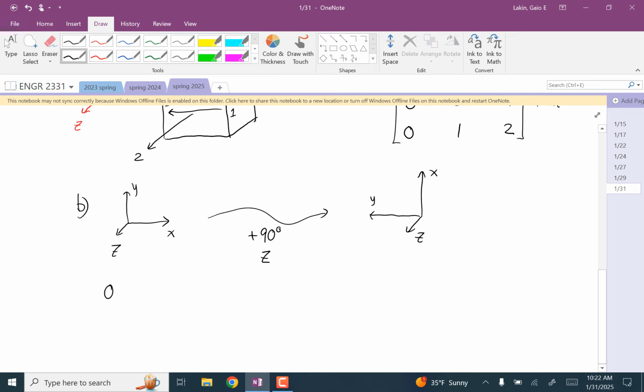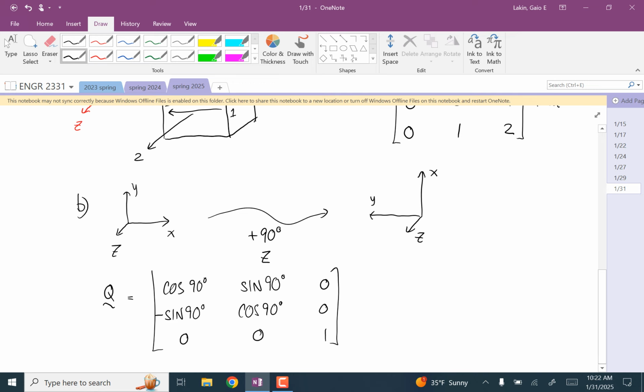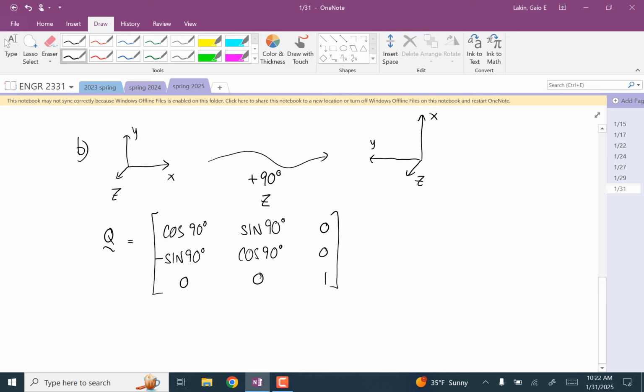So now we can figure out our rotation matrix. Q is cosine 90, sine 90, 0, negative sine 90, cosine 90, 0, 0, 0, 1, which is 0, 1, 0, negative 1, 0, 0, 0, 0, 1.